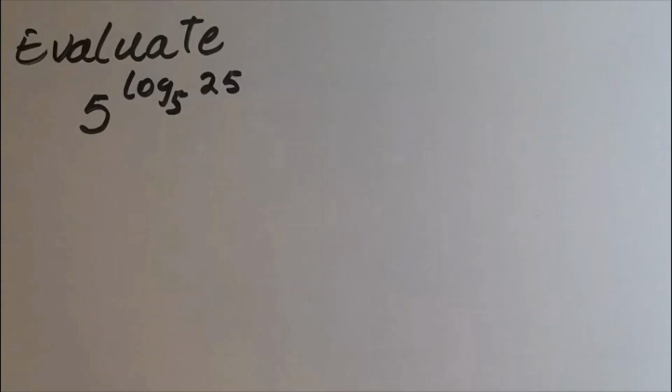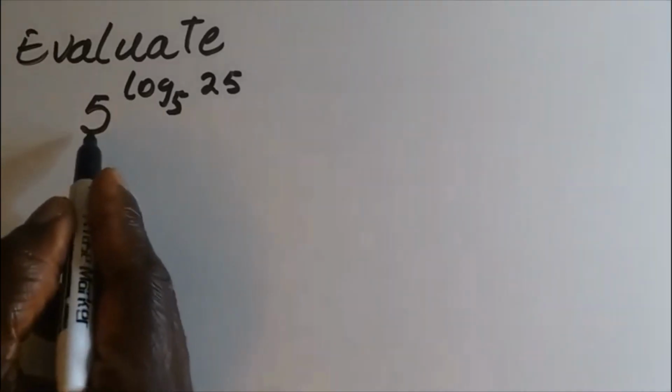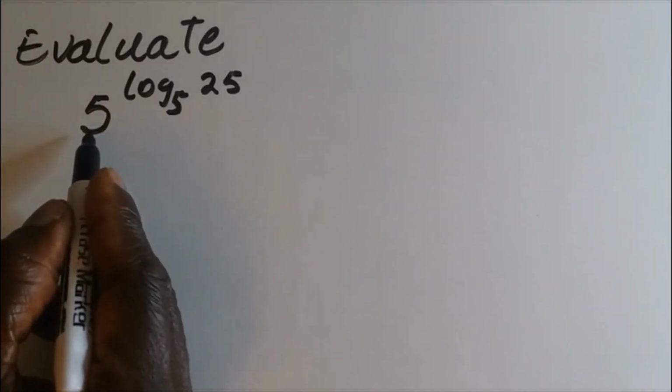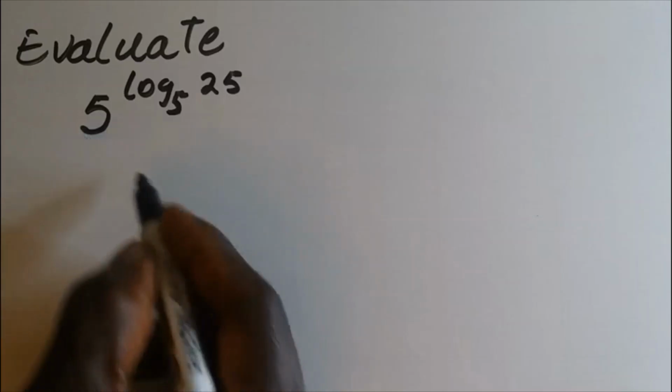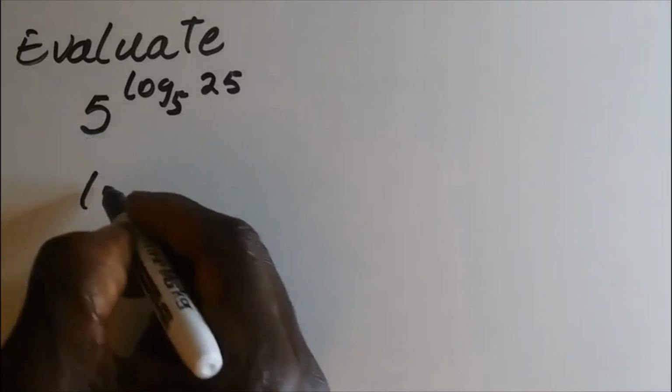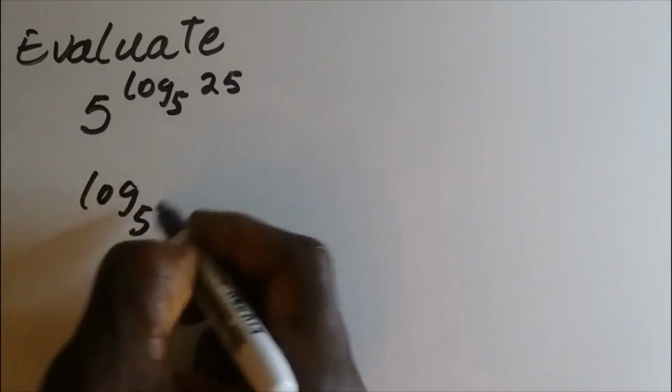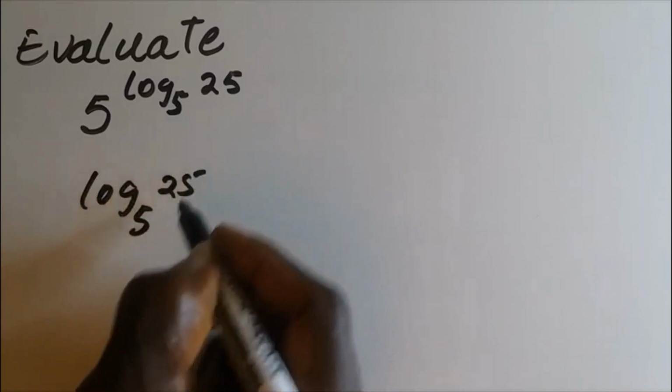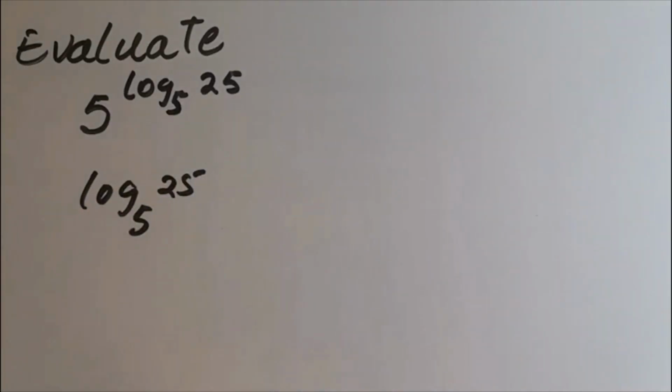How do we evaluate this? Well, first, the index is itself a logarithm. So we'll simplify that first, and then we'll know what we're actually raising 5 to. So log to the base 5 of 25.